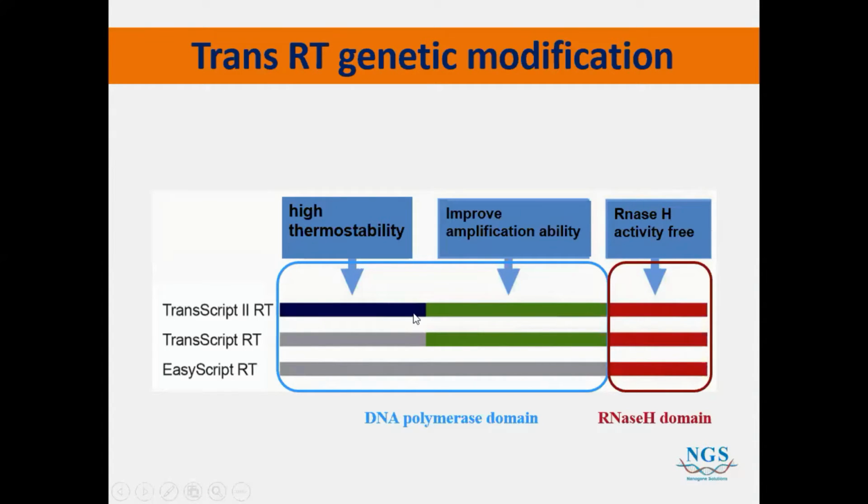The second improvement is made at this DNA polymerase domain, the green part. This is to improve the amplification ability. This modification is only applicable for Transcript and Transcript 2. As for the last modification here, it's only applicable for Transcript 2. This is to improve the thermostability of the enzyme. I will also talk about this later on.